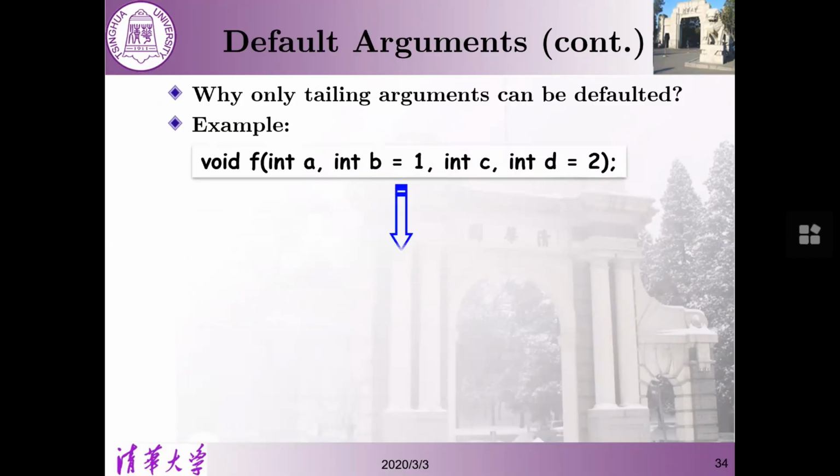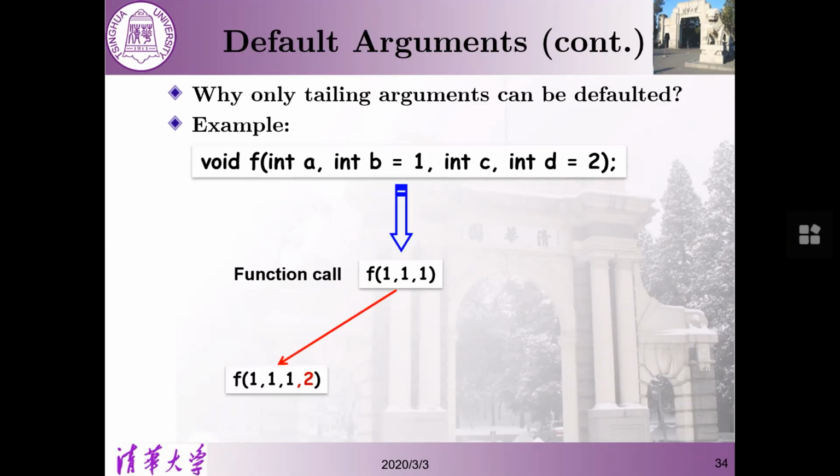Here's an example of why only trailing arguments can be defaulted. If we call the function in this way, this is the defaulted trailing argument. But if we do not have that rule and we can default any argument, then we have different interpretations of calling this function.